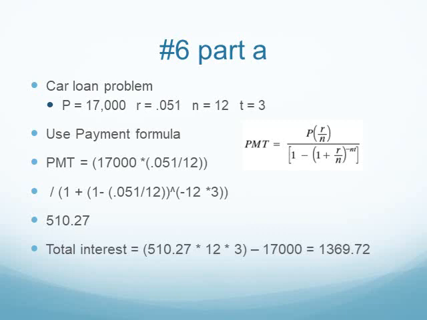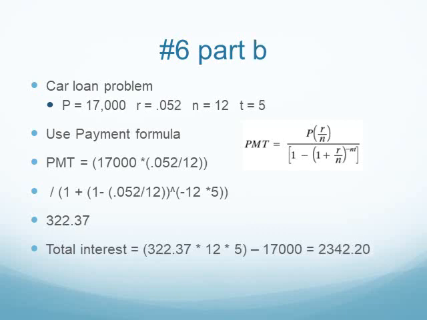So if you type it in exactly how I have it here in your calculator using the parentheses, it should come out with $1,369.72. Notice that you definitely want to go ahead and use the rounded value you put in the first blank when you do this total interest calculation. Use the rounded value. Okay? All right, so that's what we got so far for the first two answers that this question requires.